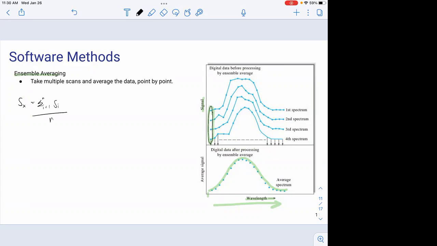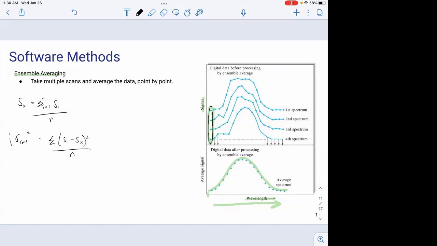If you think about the average signal defined this way, that means that the variance of the noise is equal to the sum of the instantaneous signal minus the average signal, squared, over n. So this would be the variance.